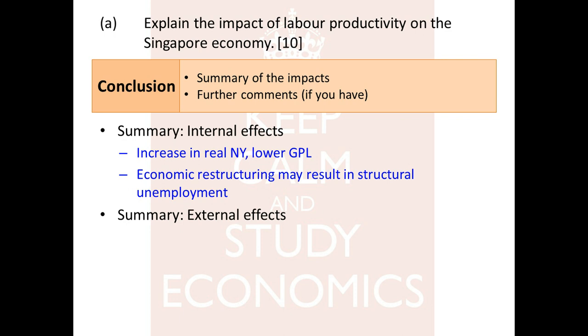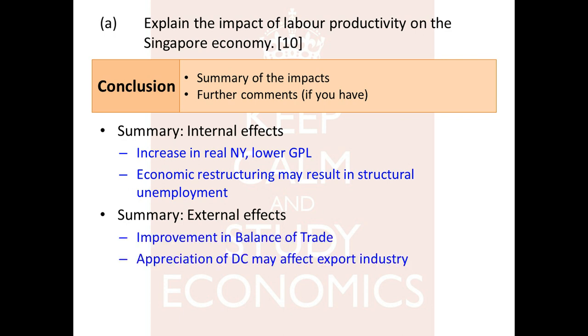We also see that there may be economic restructuring that results in certain people losing their jobs through structural unemployment. For external effects, we see that there is an improvement in balance of trade, and partly because of that, there is an appreciation of domestic currency, and that affects your export industry negatively.